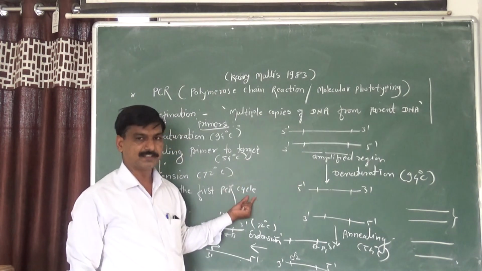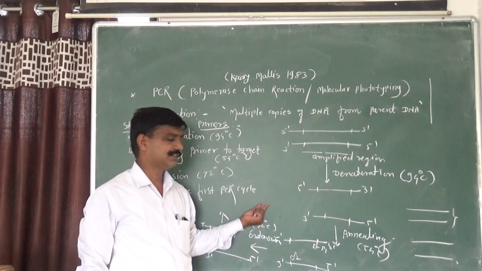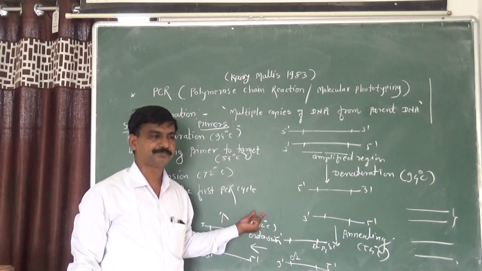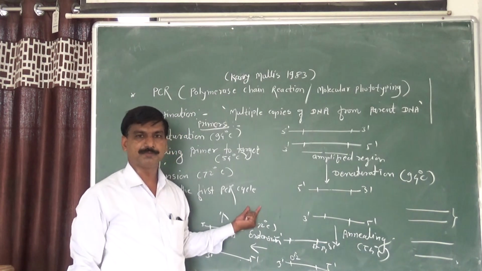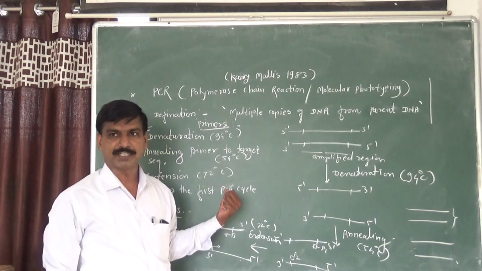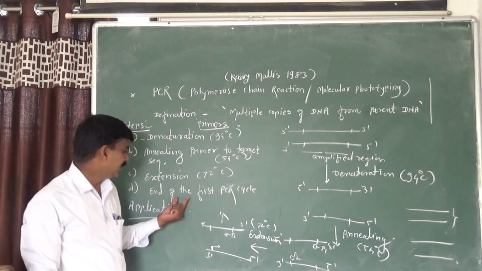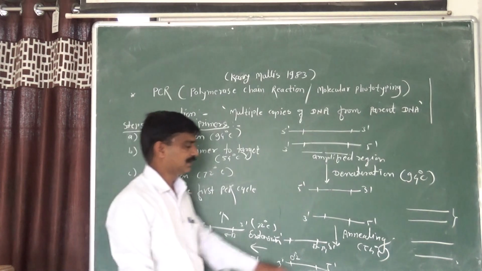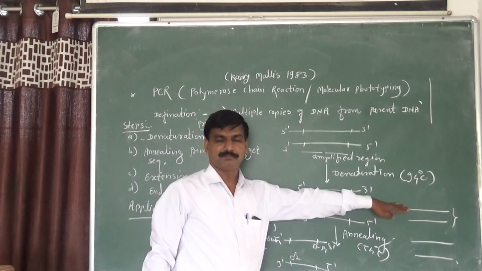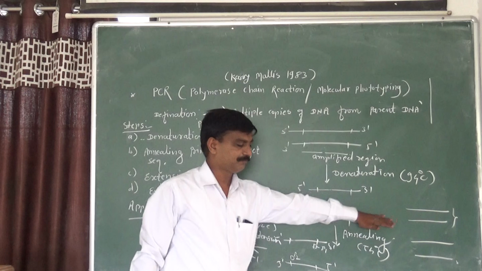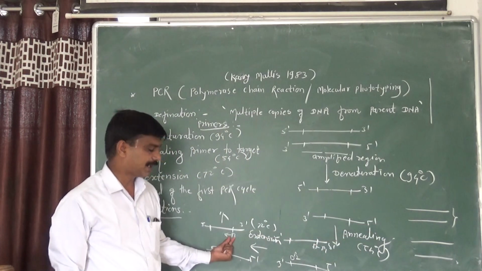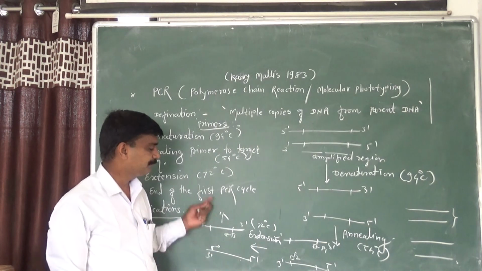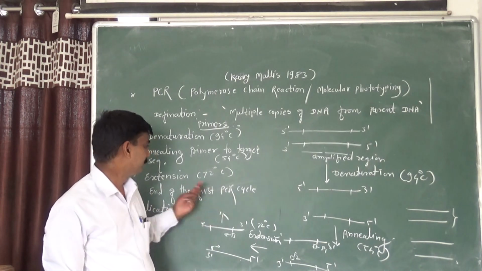There are different types of PCR, such as reverse PCR and RT-PCR. At the end of the first PCR cycle, two strands are developed, with first primer and second primer.